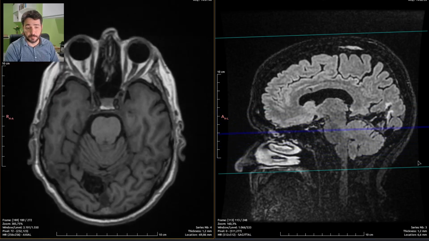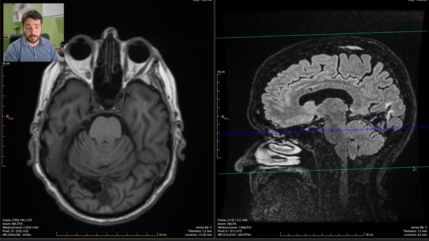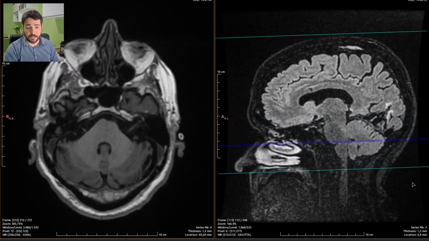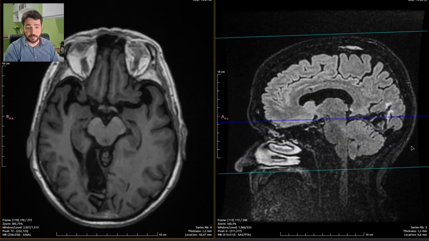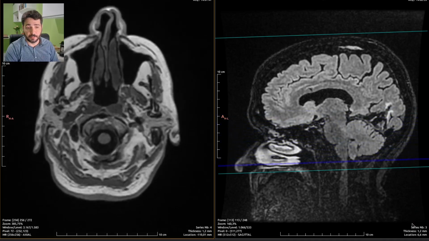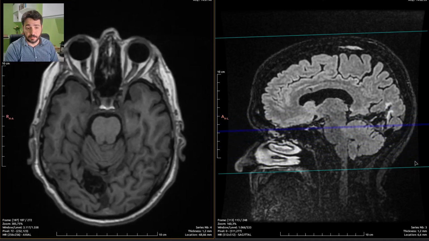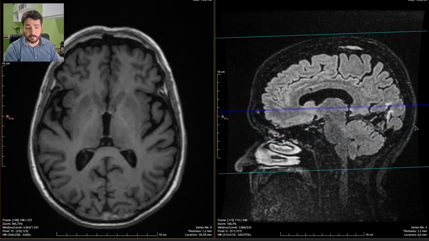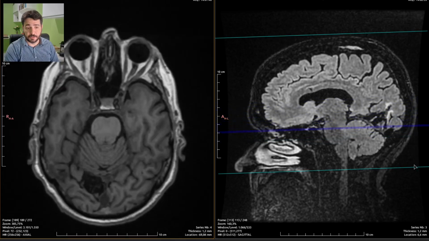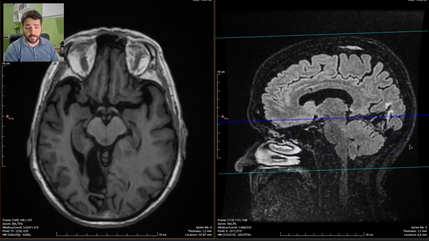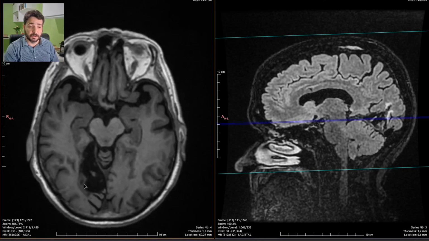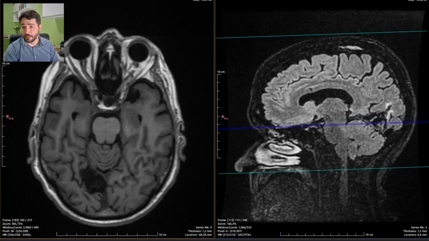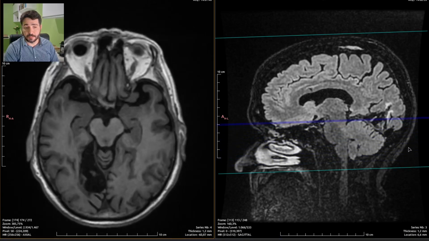They are pushing it towards making very, very good looking and time consuming exams. So in a T1 weighted image, malacia and gliosis have a reduced signal intensity like this.